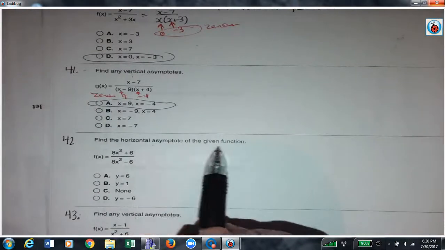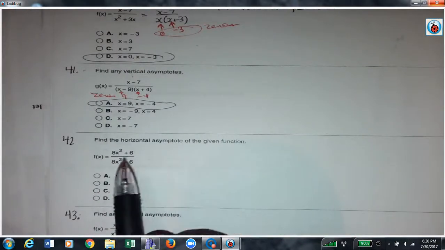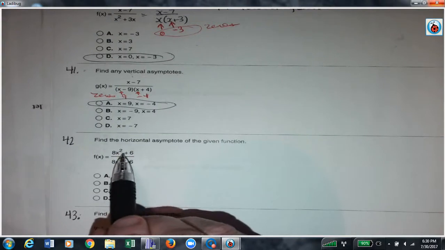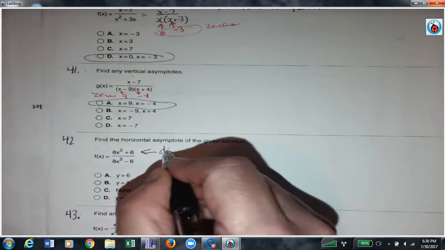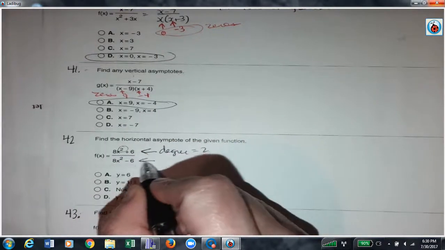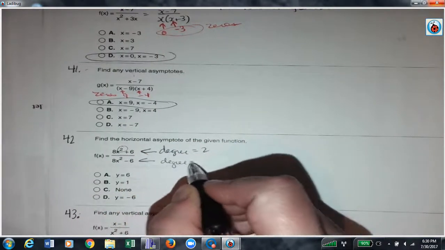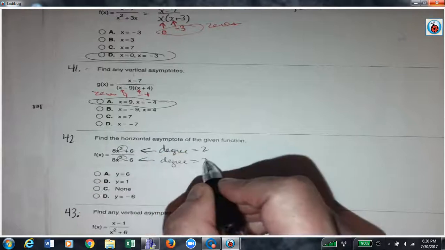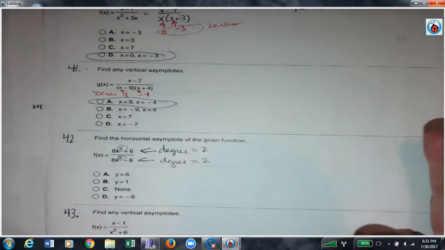Find the horizontal asymptotes of the given function. Well, for horizontal asymptotes, we can see that the degree of the numerator is 2. And we can see that the degree of the denominator is also 2. And there are 3 cases.